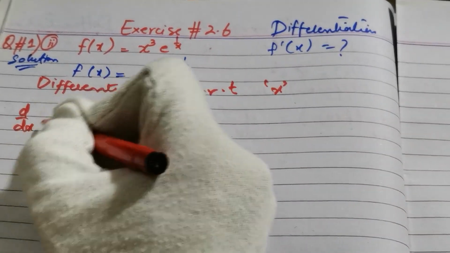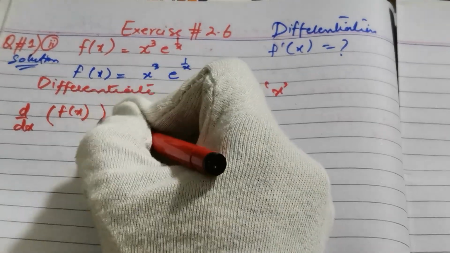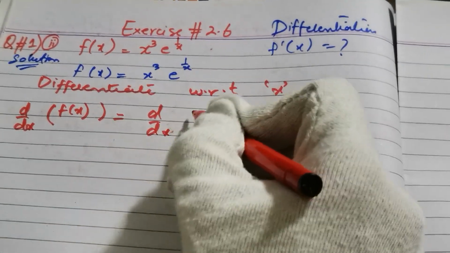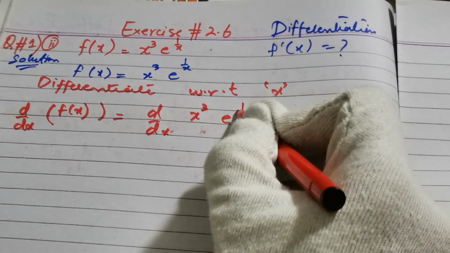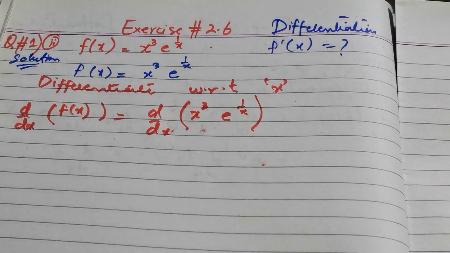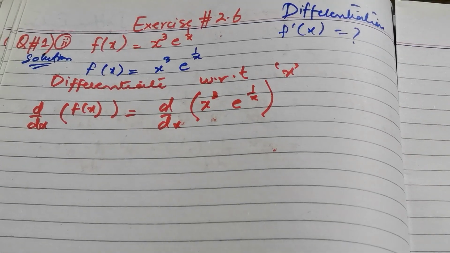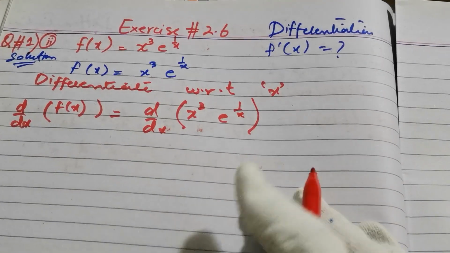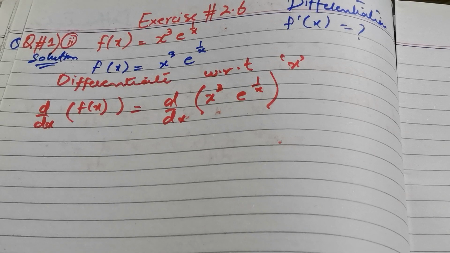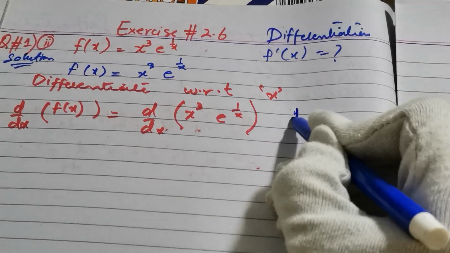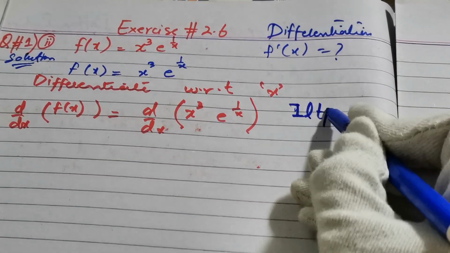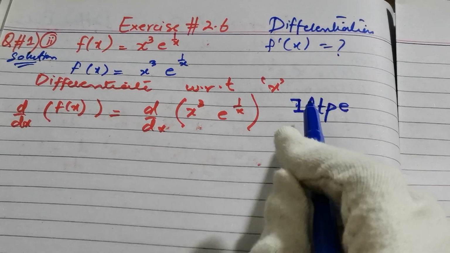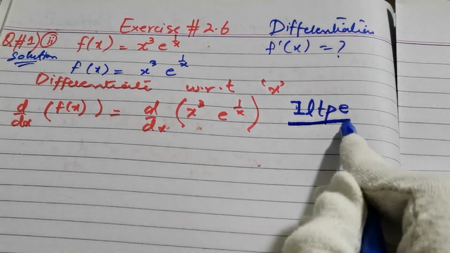d by dx f of x is equal to d by dx of x cube e raised to power 1 by x. Now whenever there is differentiation, we will always apply a formula for choosing u and v: inverse, log, tan, polynomial, exponent.